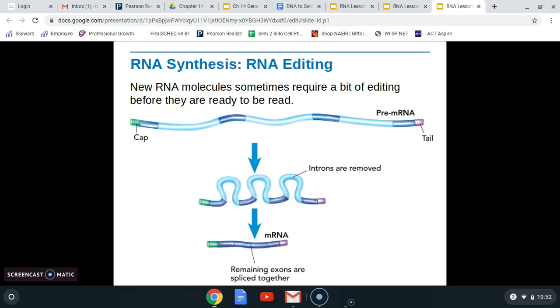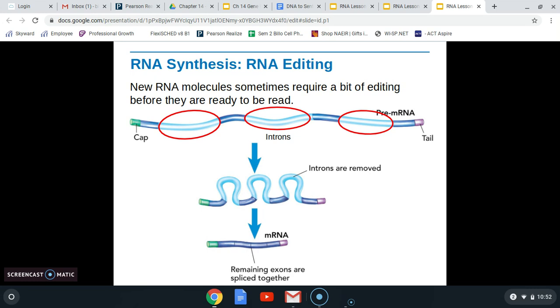Once the RNA is made, we're going to trim out some of the garbage. Now, the first thing that we have to do is we have to take a look here. These are called introns. Introns, I always think of them as they code in between the active portions.